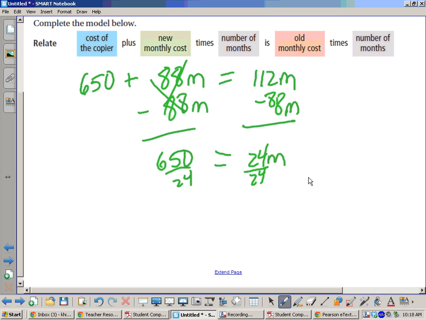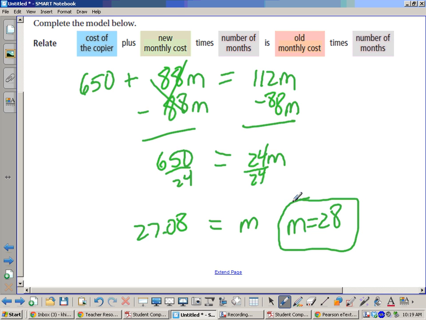So 650 divided by 24 is going to give us 27.08. Well, what this is telling us is that there's 27 whole months and 0.08 of a month. So really, based on our monthly charges, we're going to be in the 28th month before we actually make up enough money to have this 650 now gone. So m equals 28 would be your answer.